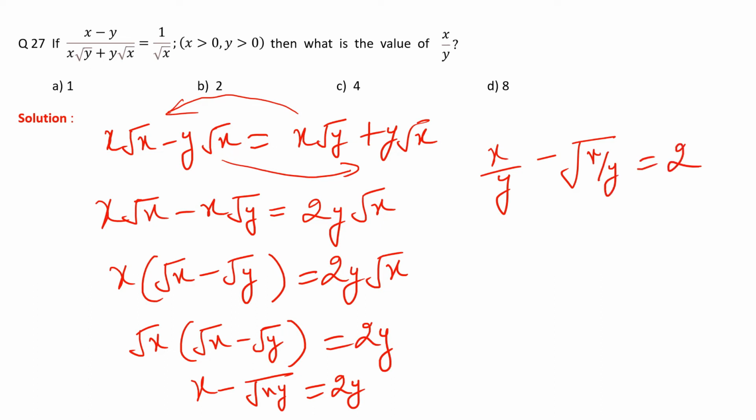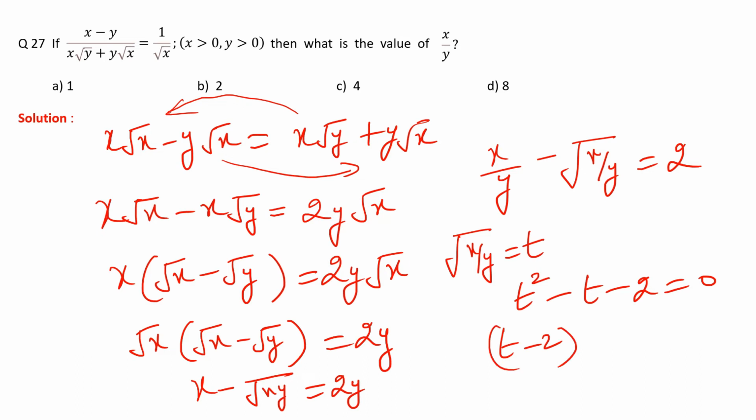Now students, since I want to get the value of x upon y, so now if I substitute under root of x upon y as t in this equation, I'll be getting a quadratic equation in terms of t. So it will be t square minus t minus 2 is equal to 0. If I factorize it, the factors are t minus 2 into t plus 1 equal to 0. So the values of t comes out to be 2 or minus 1.